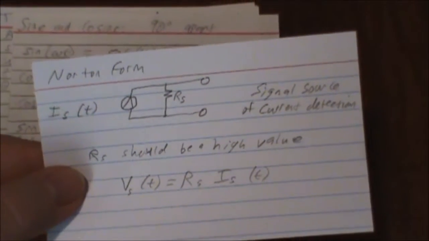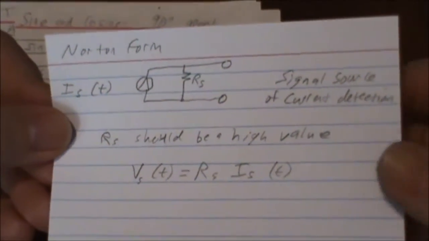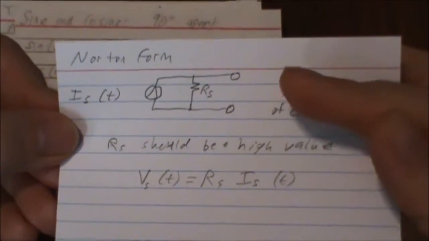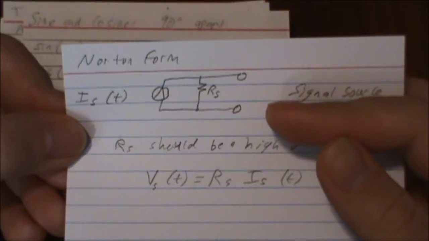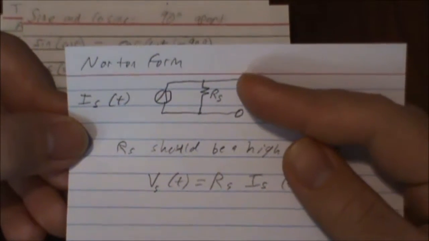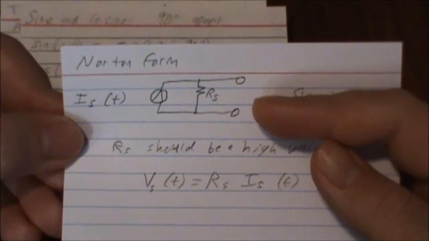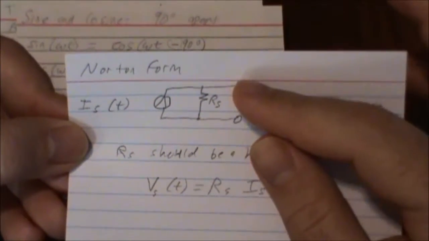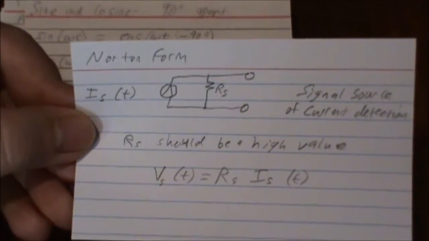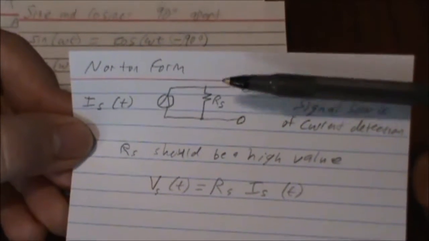But here, the Norton form sets us up for a current divider. And here R sub S should be a high value. So that means when we put a load across these two terminals here, the voltage is going to be the same across the two parallel elements. In the Norton form of our power supply, we have a source of current, the same voltage, and so the current through a really high value resistor is going to be very low, because there's a lot of resistance.